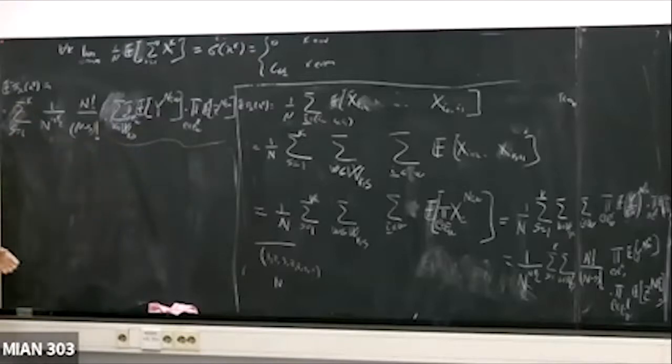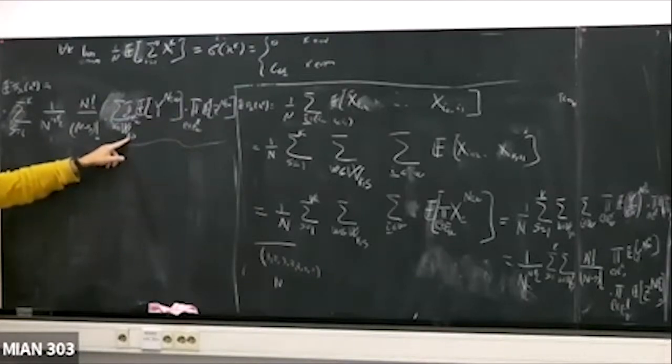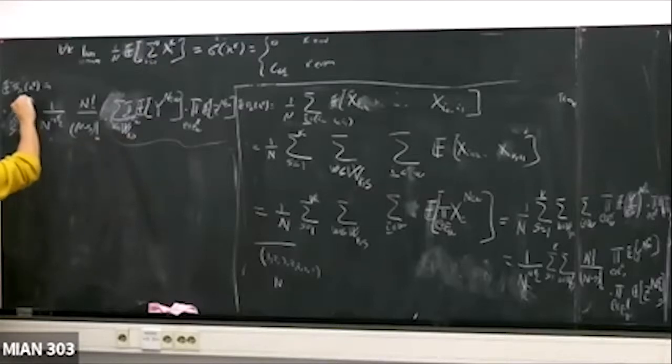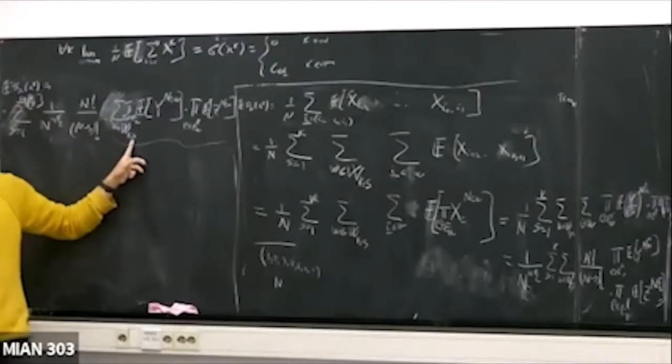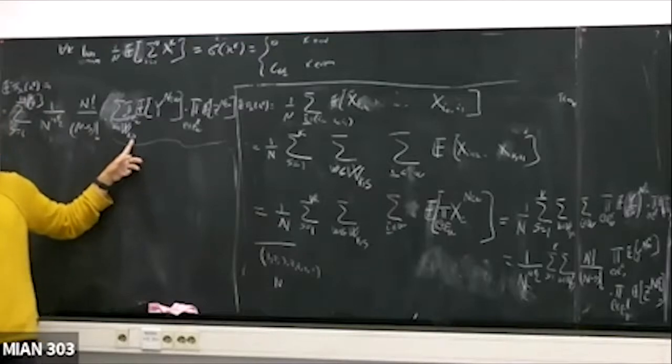But if a word has to cross each edge at least twice, and the total length of the path is closed in k plus 1, I cannot have more than 1 plus the integer part of k over 2 different vertices. Otherwise, with length k plus 1, I cannot make a closed loop that passes at least twice on each edge. You can add the plus 1 because of where you start, but it's clear that half of the time you have to pass on the same edges, so you cannot make order k different vertices.